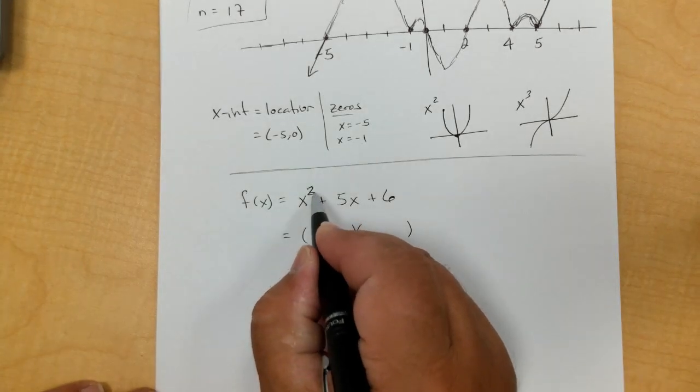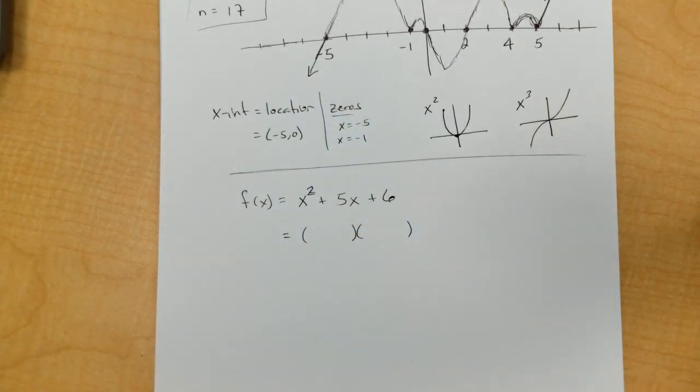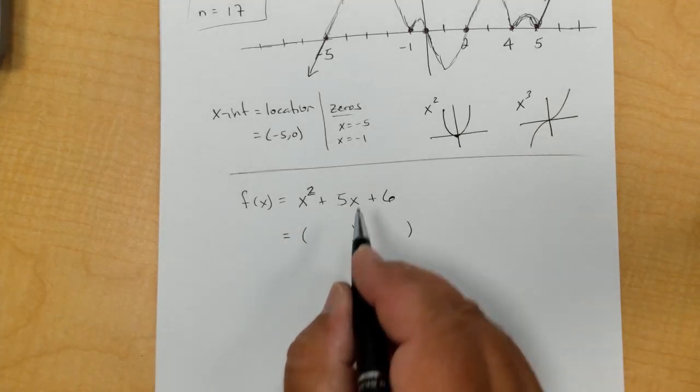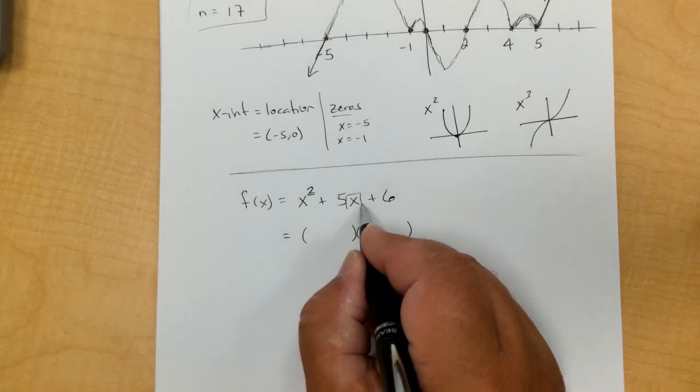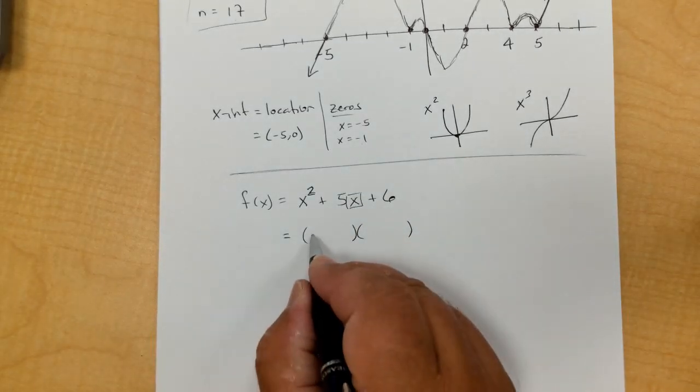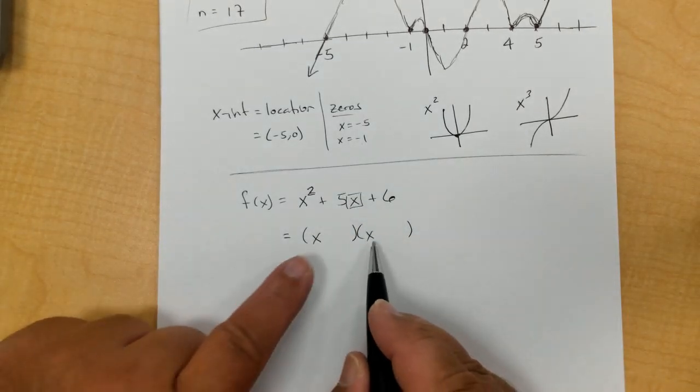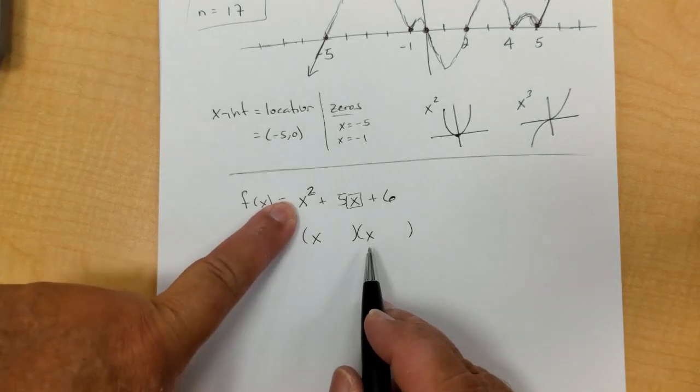Since the degree is 2, we know there's going to be at most 2 x-intercepts. Remember how we do this? Whenever you're solving for this, you're always solving for the middle variable. So it's going to be x and x, because x times x gives me x squared.